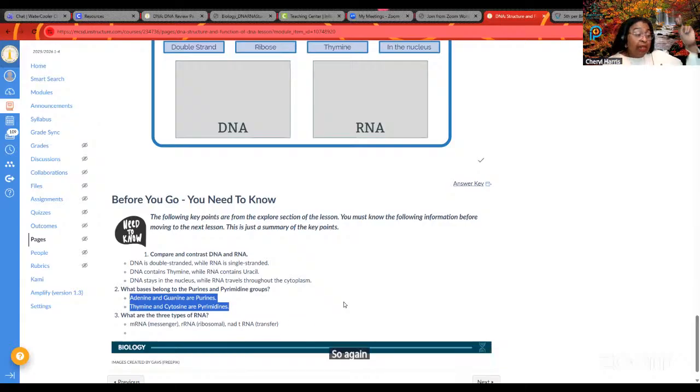So again, a purine is always paired with a pyrimidine. Adenine goes with thymine, guanine goes with cytosine. All right, so that's your answer for number 3. And I just answered number 4. Our base pairing rules are adenine pairs with thymine and guanine pairs with cytosine. That's the base pair rule.